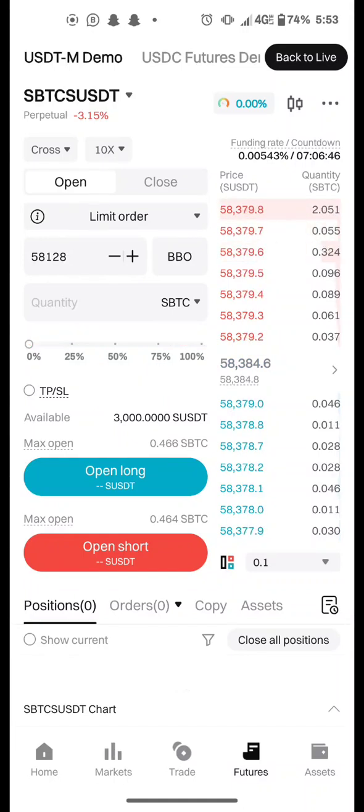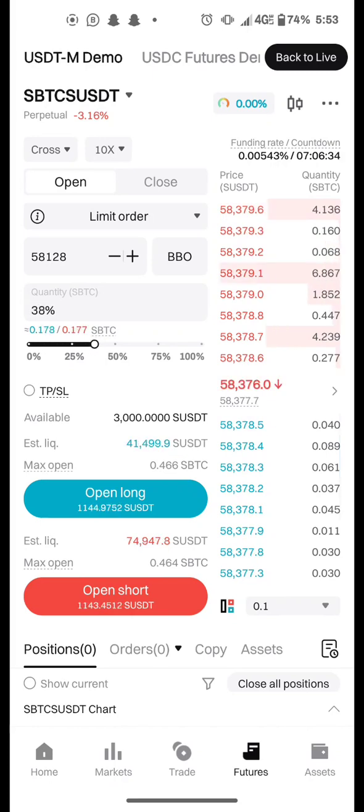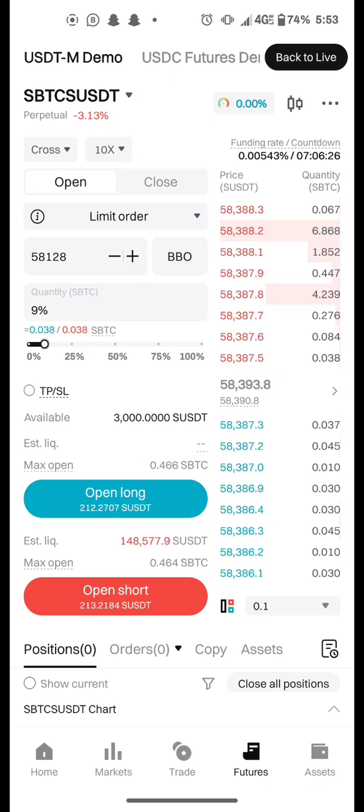Now, if I drag this, you will see that the price will be changing. Look at how much I'll be risking. Let's say I have 10% here.